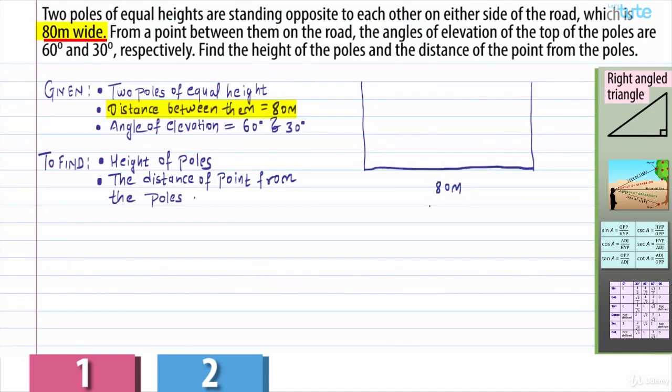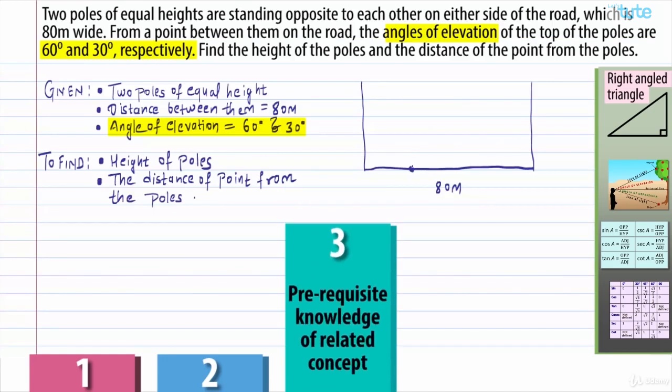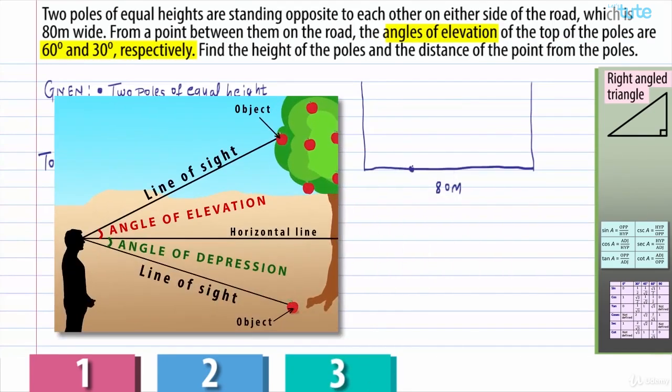Now next it says that from a point between them on the road, the angles of elevation of the top of the poles are 60 degrees and 30 degrees respectively. That means I should take that point in between these two poles. So let me take that point here. Now to draw a proper diagram, we should know what an angle of elevation is.